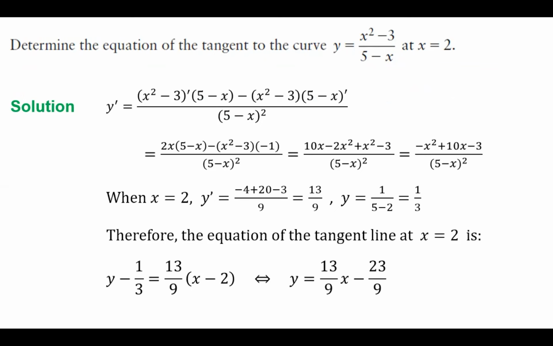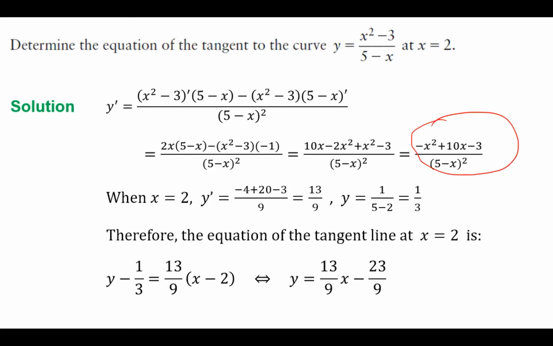Then we can find the derivative of those two functions, find the product of these terms, expand and simplify. Therefore, the derivative of y with respect to x equals (negative x squared plus 10x minus 3) over (5 minus x) squared.